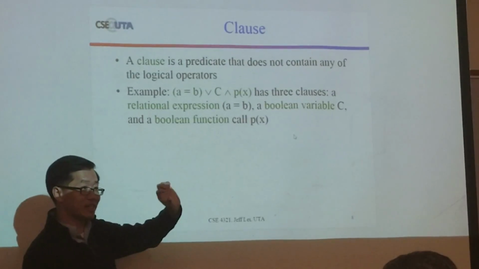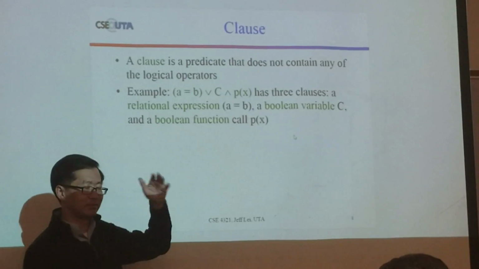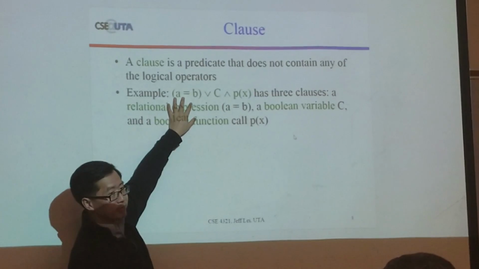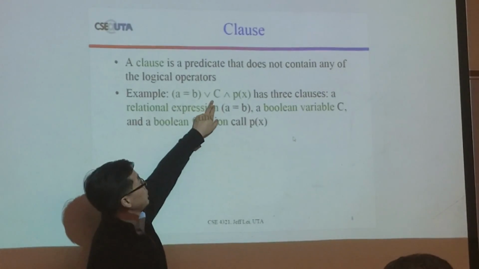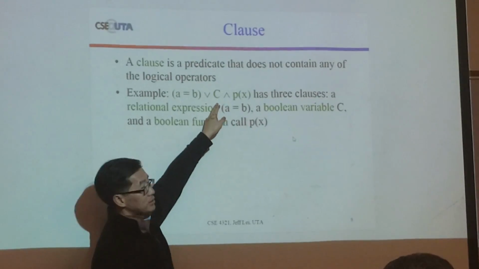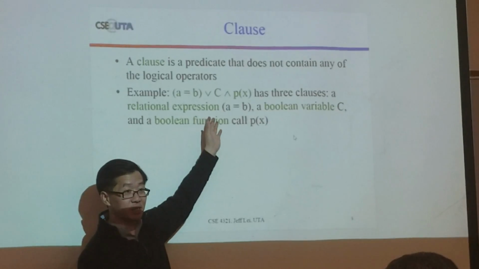So equal is not a logical operator, if you recall the discrete math. Or is a logical operator, and C is a Boolean variable. C does not contain any logical operator, so C is a clause.